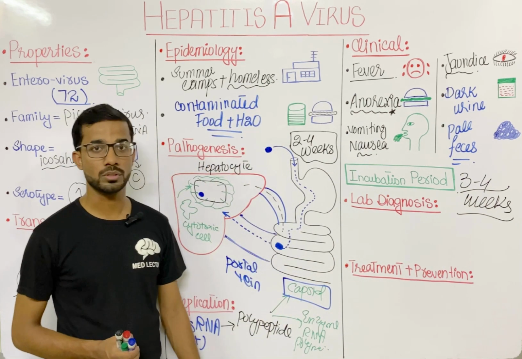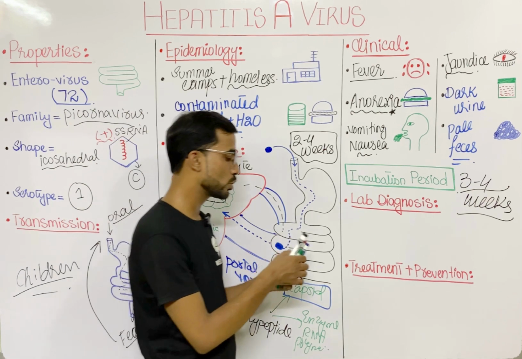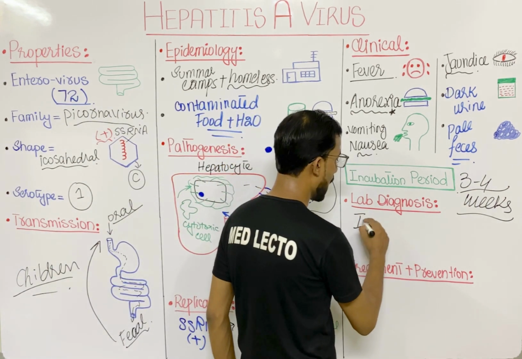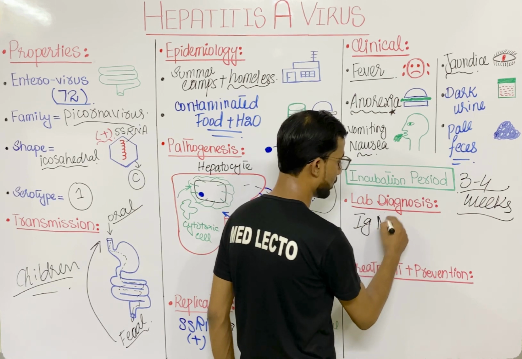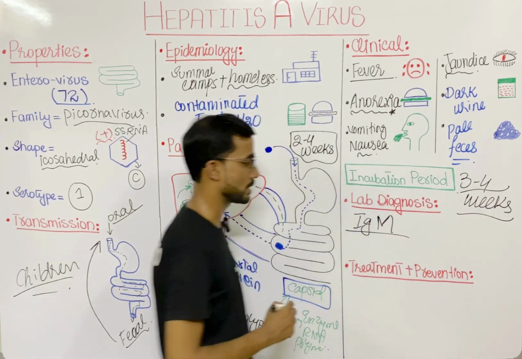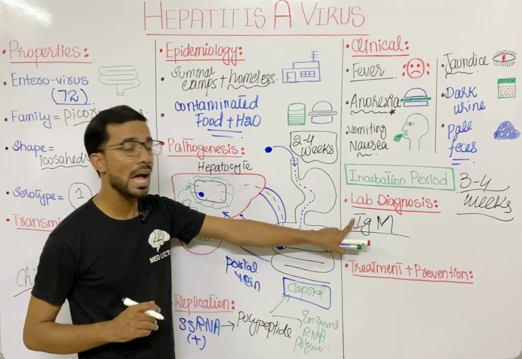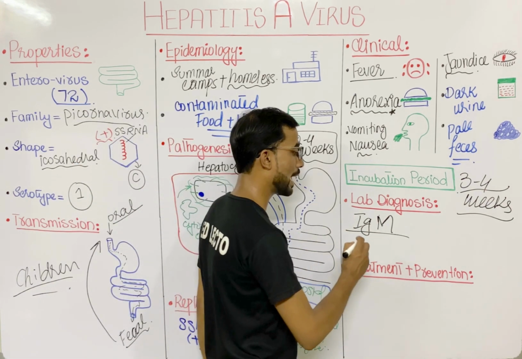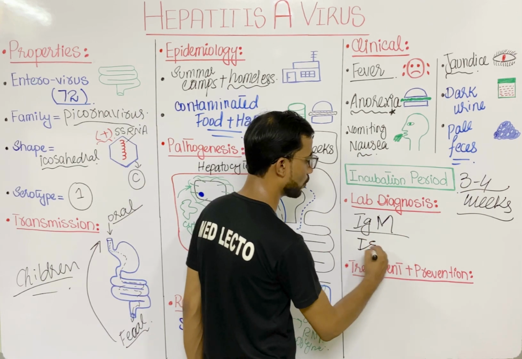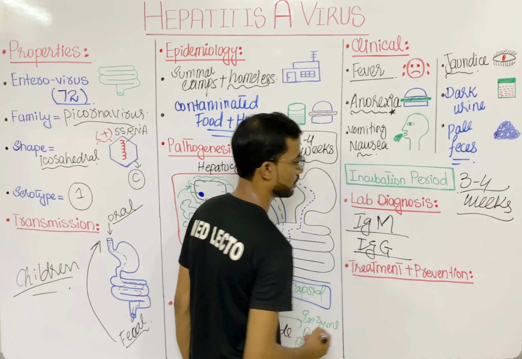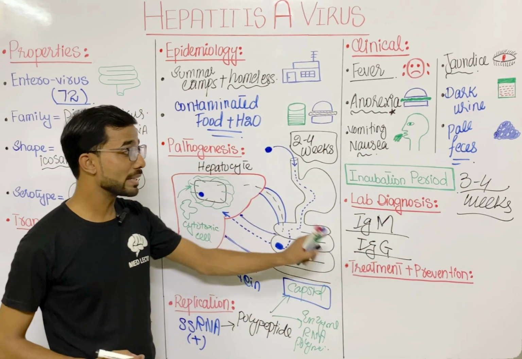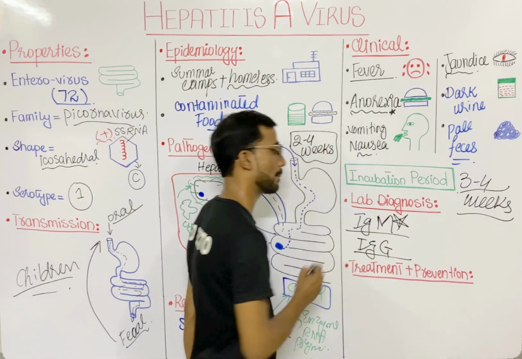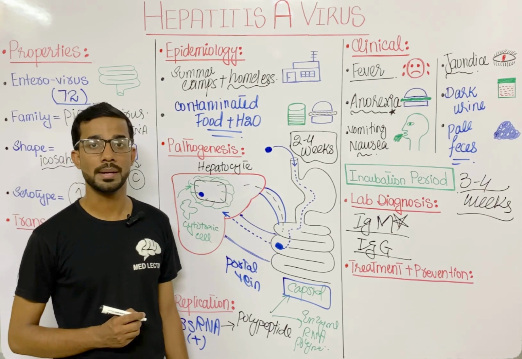Next is the lab diagnosis. In the lab diagnosis, you will go toward serology, and you will check for the IgM. In the initial phase, the peak phase, you will see the presence of the IgM antibody, and after that you will see the presence of the IgG. That's the most important thing, but the most important criterion is the IgM detection in the blood of the patient.